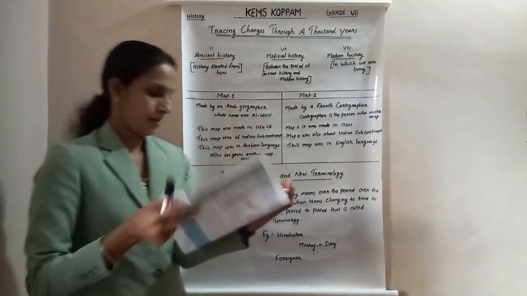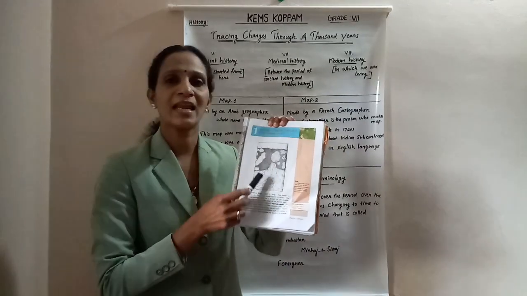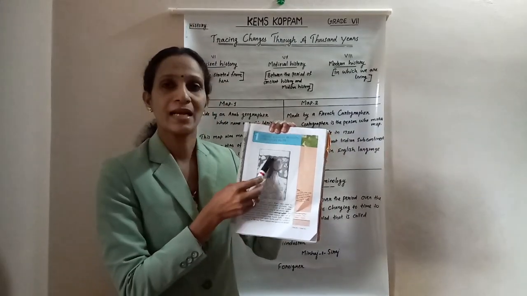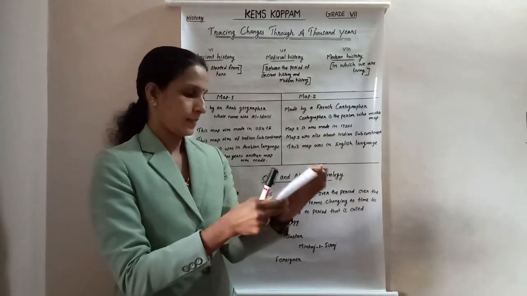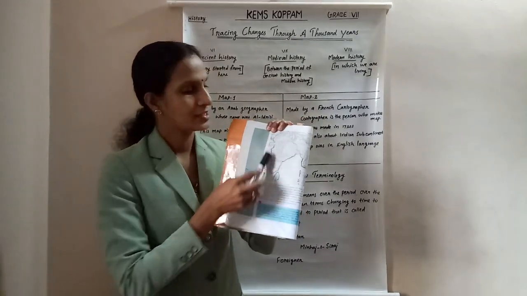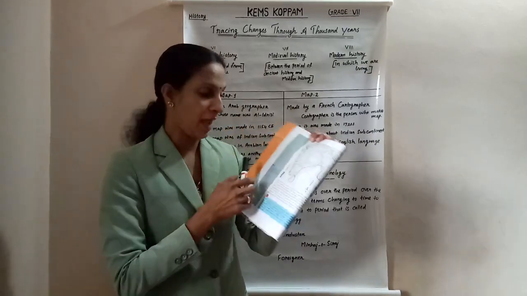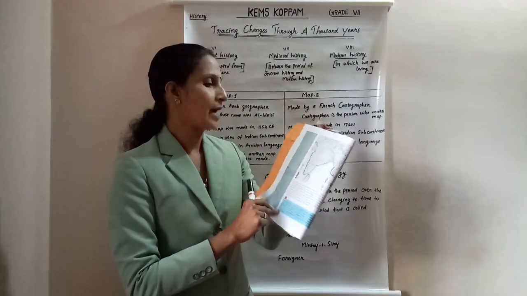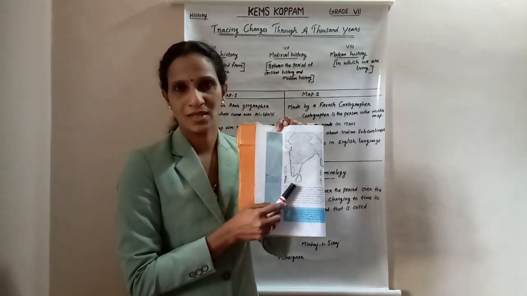In map 1, Sri Lanka was in North India. But in map 2, Sri Lanka was in South India.